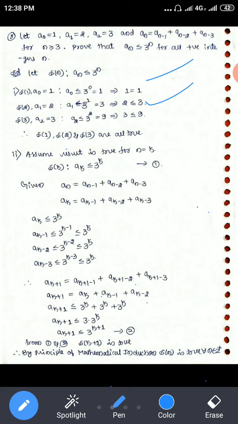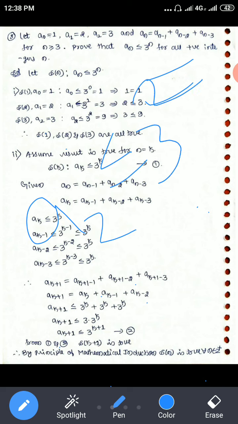The third condition is n equal to 3. 1, 2, 3. So you take A2 less than or equal to 3 squared. A2 means what? 3 less than or equal to 9. 3 is less than 9.